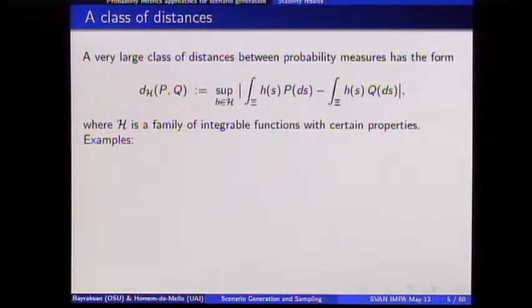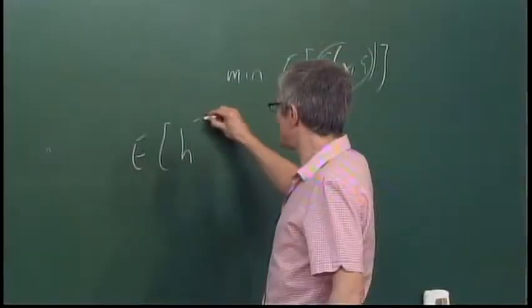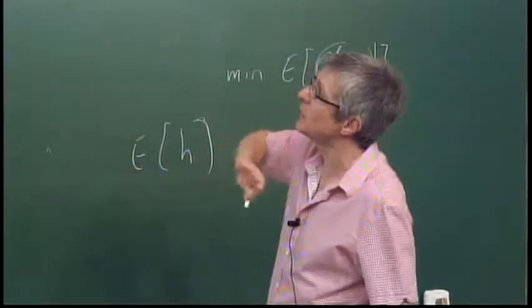One can define the distance between p and q as the maximum over some class of functions h of the integral of h with respect to p minus the integral with respect to q. You can think of this as just being the expected value of h, right? Now think of h as a random variable.